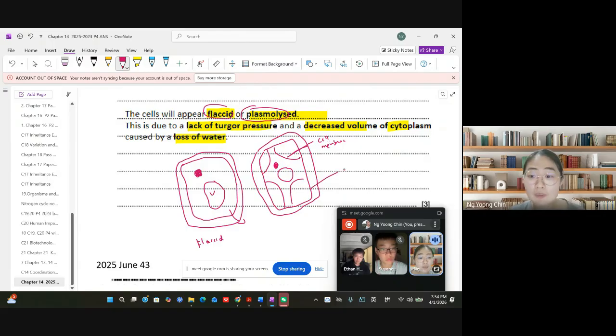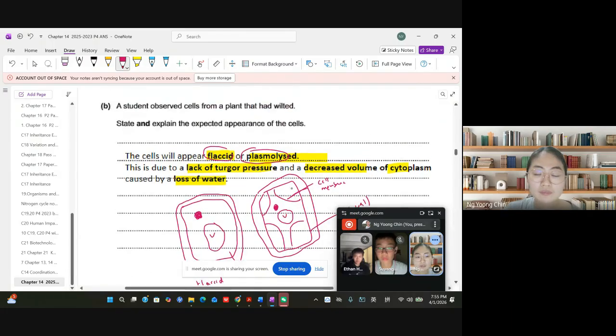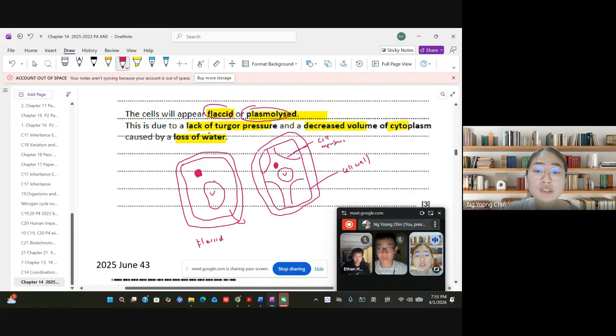So here is a cell wall, and here's a vacuole. Due to the loss of water, the vacuole becomes reduced in size.